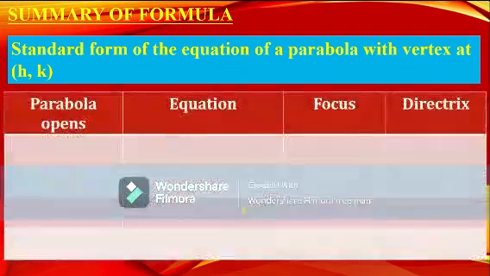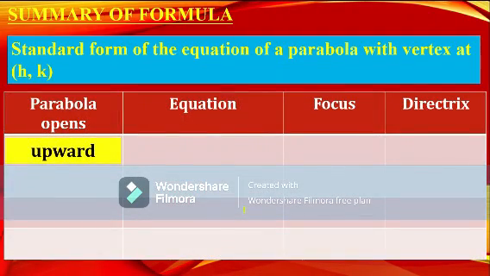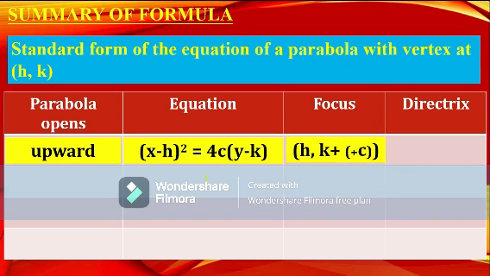So the summary of the formula, standard form of the equation of a parabola with vertex at (h, k). Here, the parabola opens upward. This is the equation: (x - h)² = 4c(y - k). The focus will be (h, k + c), because that's upward, meaning the value of c is positive, and the directrix will be y = k - c.